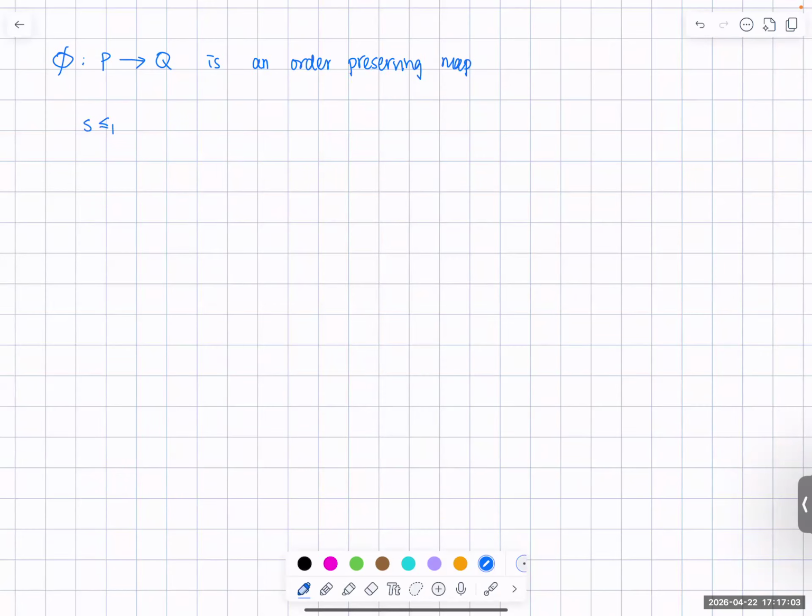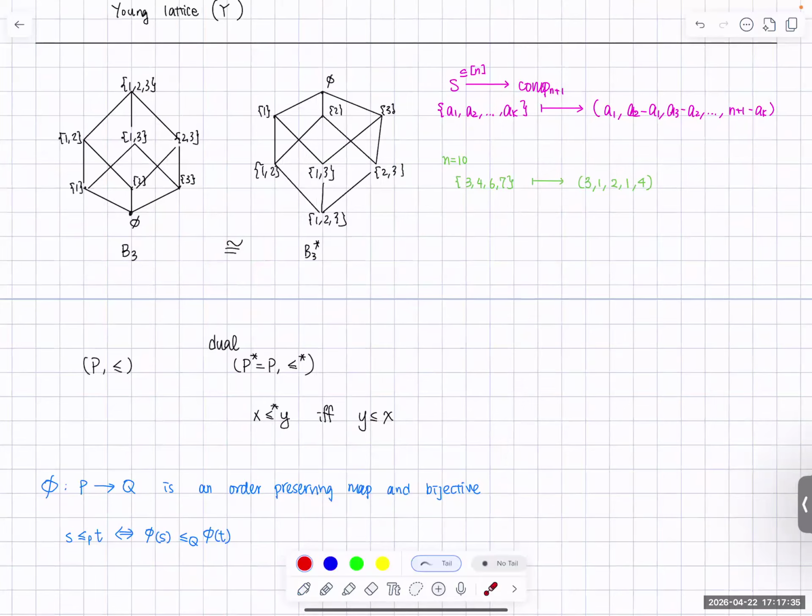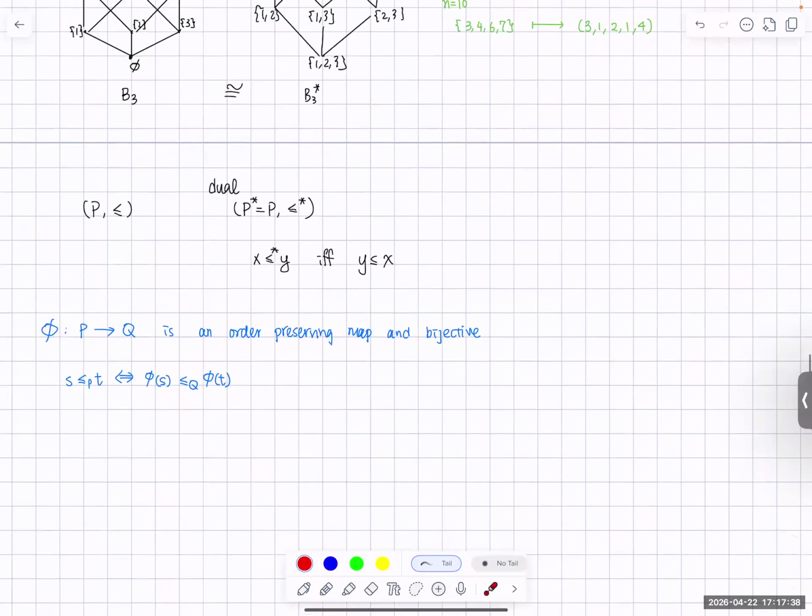That just means that if S is smaller than T in P, implies your image would also satisfy the same type of relation. And if it is an isomorphism, then that just means that you have if and only if. So when you try to say they are really the same, then basically you're telling me that their Hasse diagrams are the same because they preserve their order.